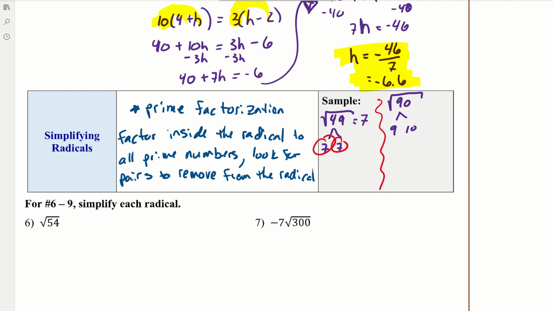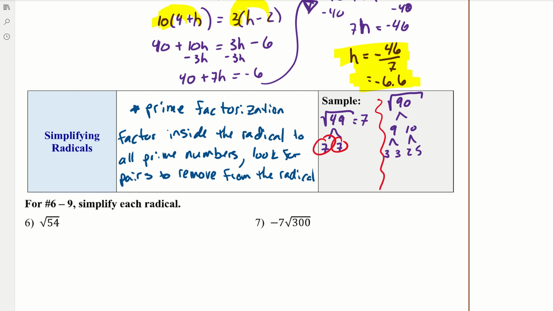I'm going to go with 9 and 10. Neither of these are prime. So we're going to continue to factor. 9 factors to 3 and 3. Hey, 3 and 3 are both prime. That's the end of that branch. 10 factors to 2 and 5. 2 is prime and 5 is prime. That's the end of that branch.